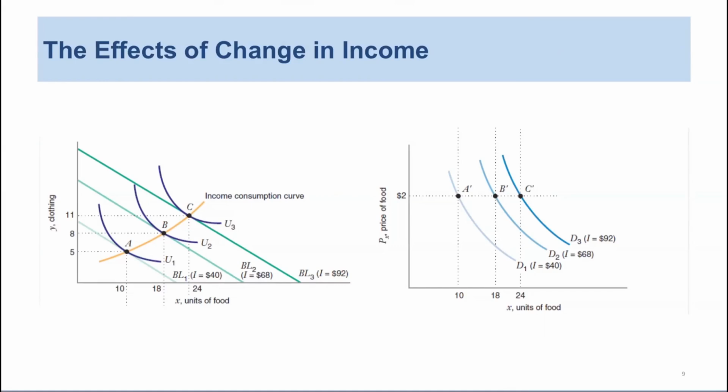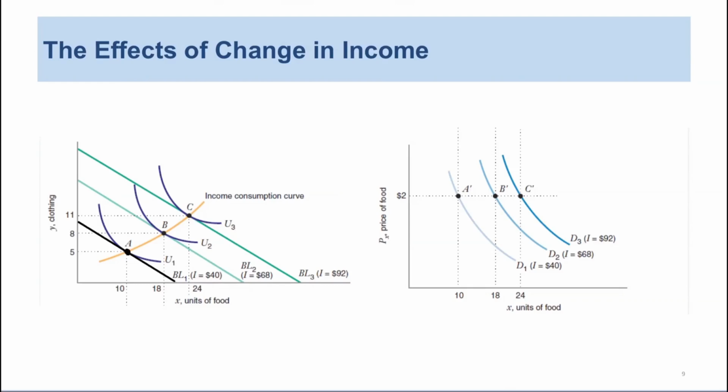As a next step, let's think about what's going to happen when income changes. Like the way we derived the demand curve, we start from the original point A here. So this is the original budget line, and we know that A is the point that maximizes this individual's utility. To derive the demand curve, we varied the price.